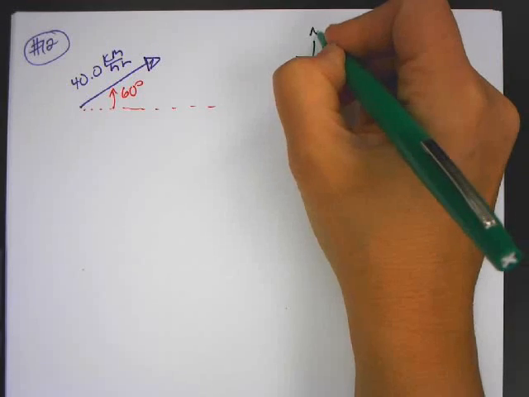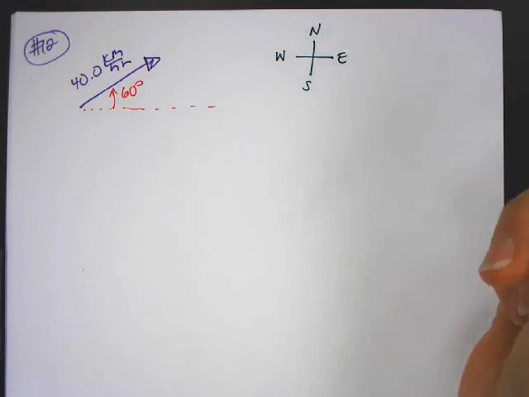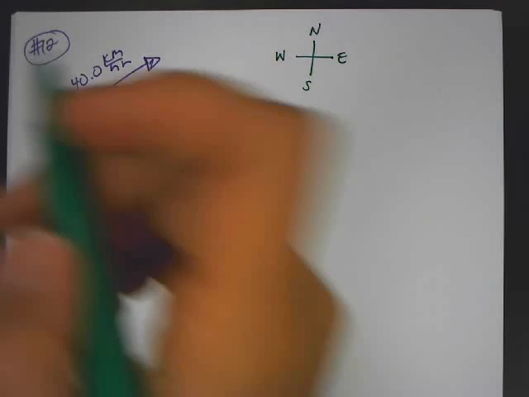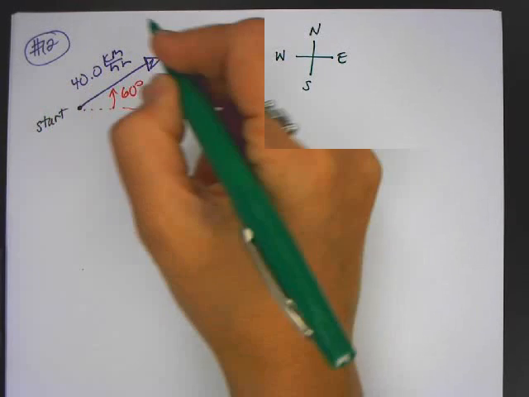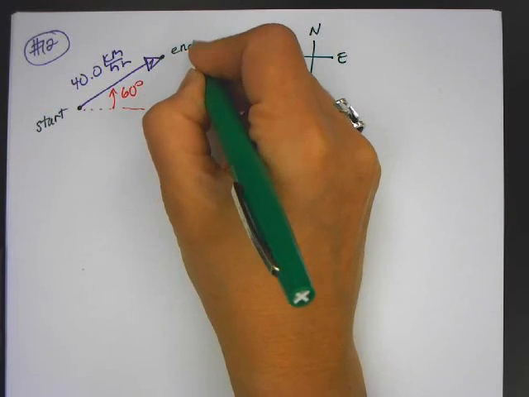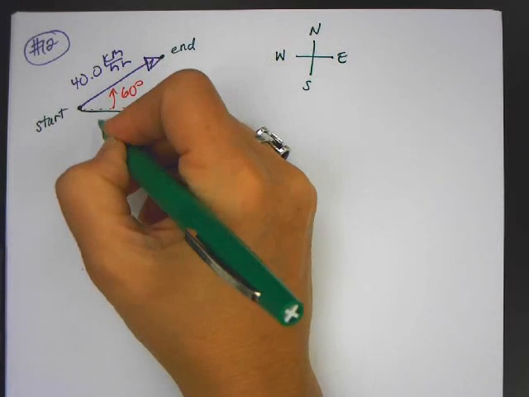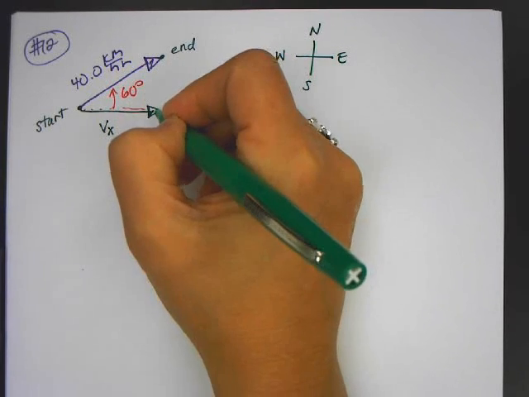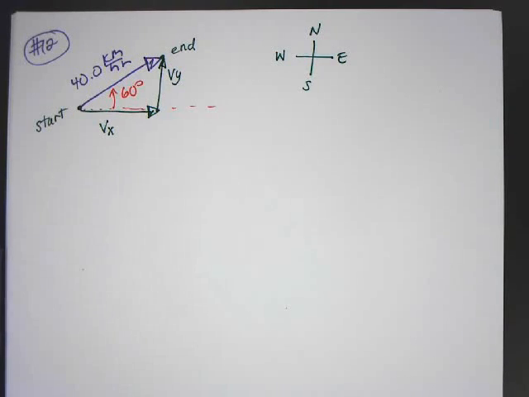So we need to know north, south, east, and west. They want to basically find the horizontal and vertical components. This is where I start. This is where I end up. So this is going to be my horizontal component, which I'll call Vx. From the head of this vector to the tail of the other, this is Vy.